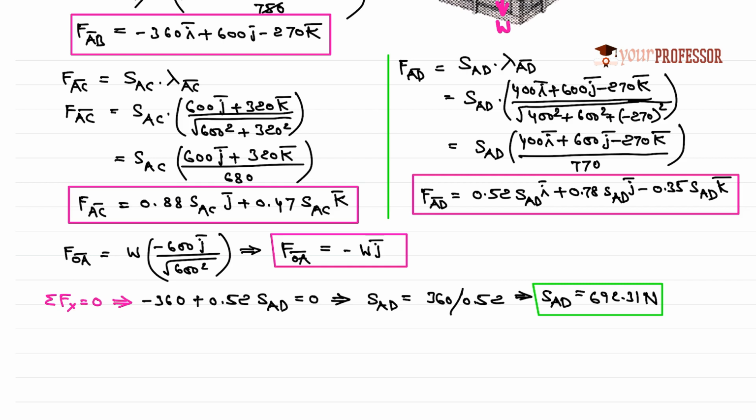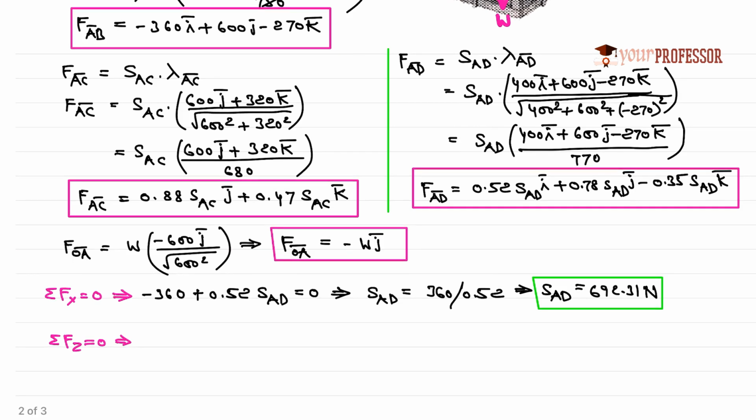Let's consider sigma Fz equal to 0. Why? Because when we consider sigma Fy equal to 0, we have two unknowns, W and SAC. For that reason, let's consider sigma Fz equal to 0. So writing here, sigma Fz equal to 0. I need to consider the coefficients of K bar. When we consider FAB bar, minus 270 is the coefficient of K bar, so minus 270.